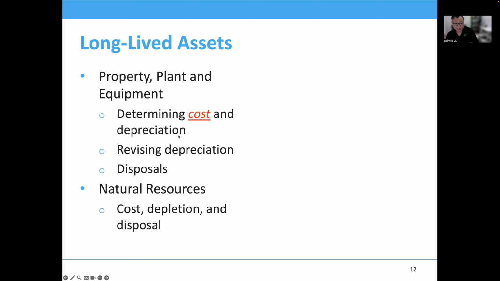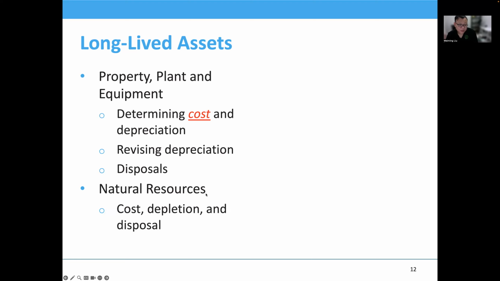And what is the depreciation? And then when factors change, you need to revise the depreciation. And when you don't use the asset anymore, you want to dispose of it. How do you deal with the disposal?